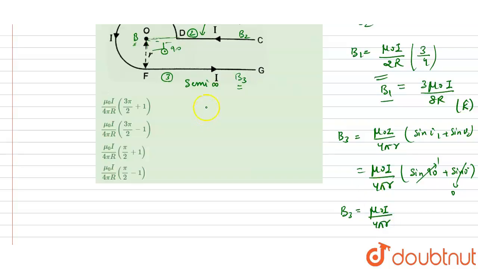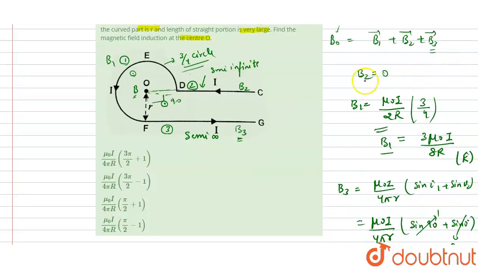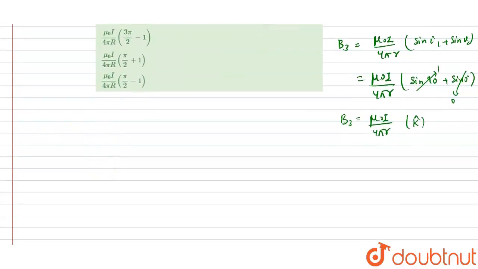Now the direction due to this B3 is also in the upward direction, so let us say this as K cap. Now the total magnitude at this point is equal to B1 plus B2 plus B3. Now we know that B2 is 0, so the magnitude will be equal to B1 plus B3. Now B0 is equal to B1 plus B2 plus B3. Here B2 is 0, so this will be equal to B1 plus B3.